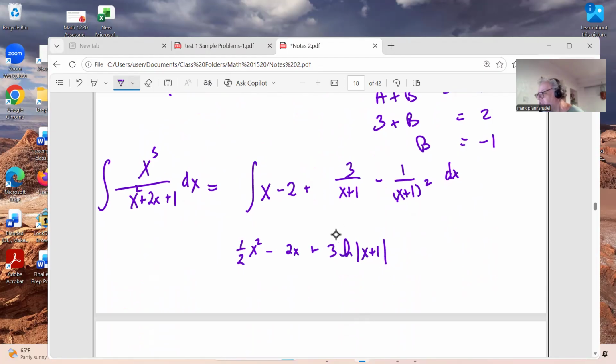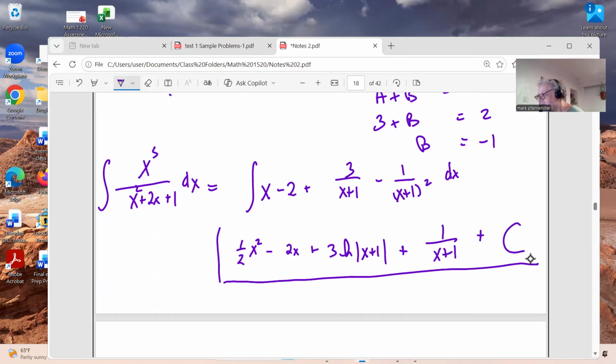Put it in the absolute values because I have no idea what x is. And if x starts at negative 2, then we're going to need absolute values. And then we're going to integrate this u to the negative 2, add 1 to it. So we're going to get negative 1 over negative 1, plus we have 1 over x + 1 because it's still going to be to the negative 1 power. Don't forget, now it's plus c.